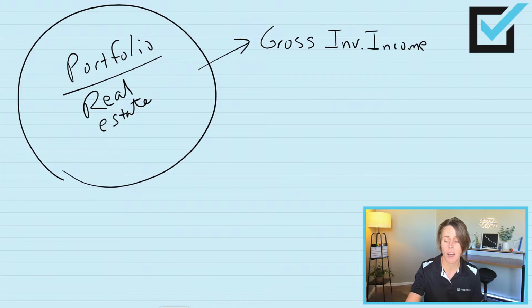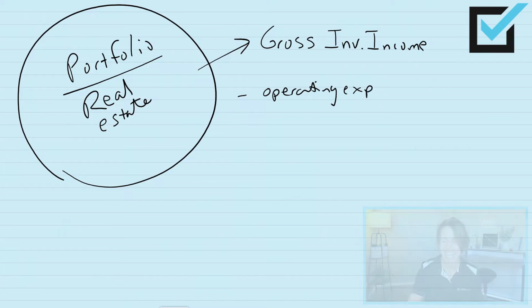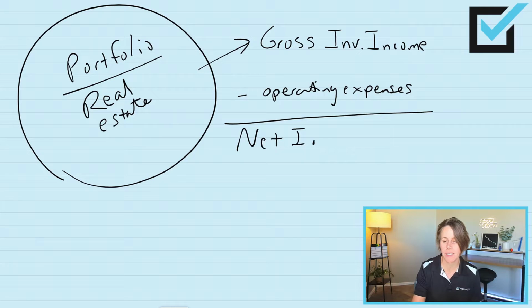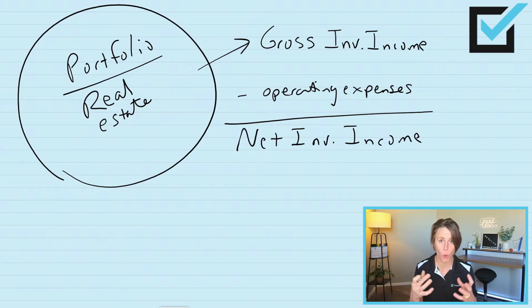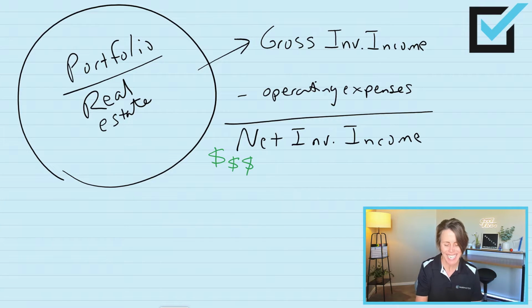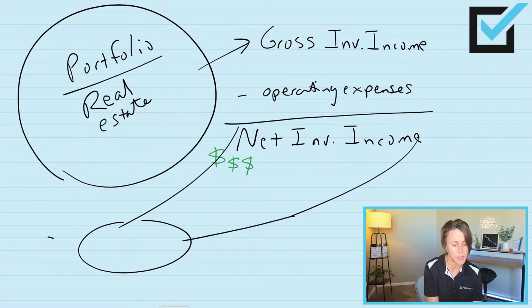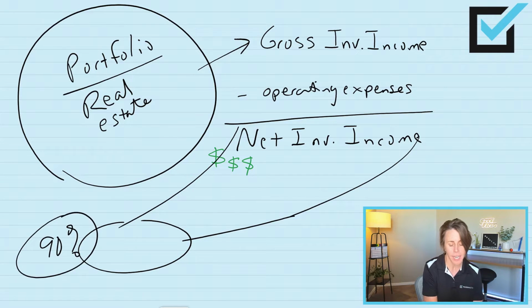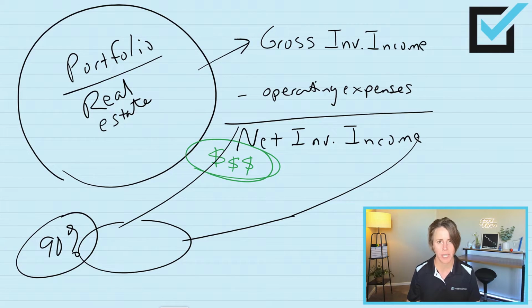The fund itself is going to have operating expenses. The fund is left with net investment income. So how much of these dollars need to be distributed down the pipeline through the conduit to the shareholders in order for the fund to avoid owing taxes on their net investment income?